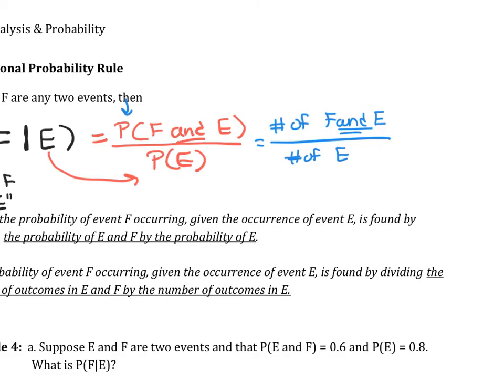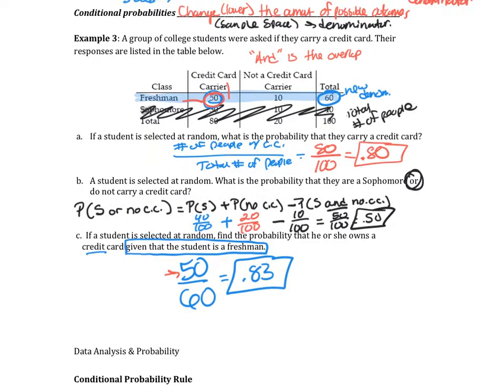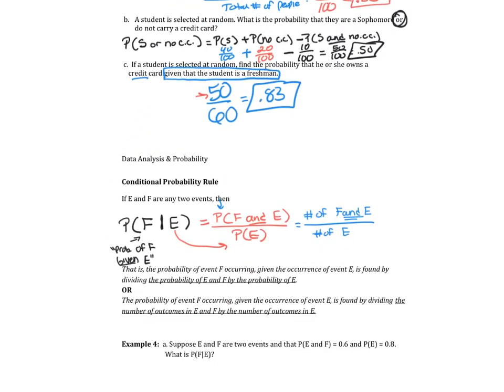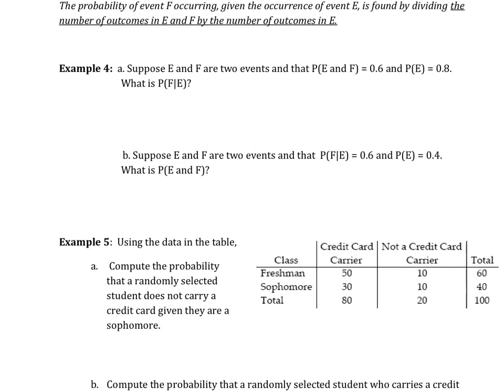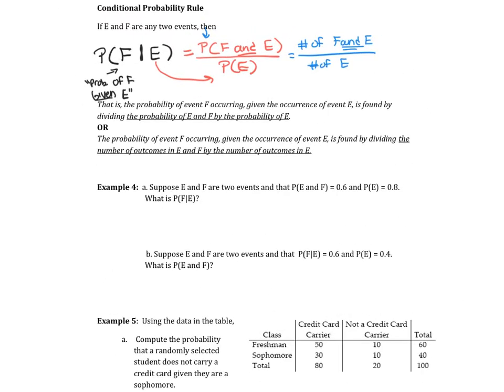If you're just given number of outcomes, like in these tables, then just use the number of outcomes. Okay, so example 4 is just some practice using this rule. So I want you guys to go ahead and try example 4A and B. You're going to use this rule, plug in the probabilities you know, and solve for the ones that you don't. So go ahead, try example 4A and B.